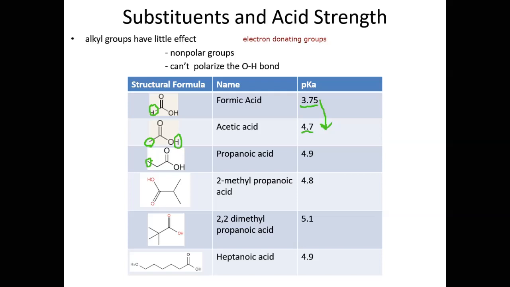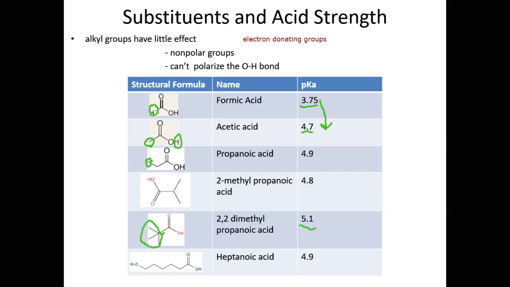So again, there's kind of a leveling effect with alkyl groups. When we added the first one, bam, it was almost a 1 difference in the pKa. But we add two or three to it, not much difference. But now when we add this big bulky t-butyl group, we see at least a modest increase in pKa, but not much. I mean, from 4.7 to 5.1, it's not that much difference.